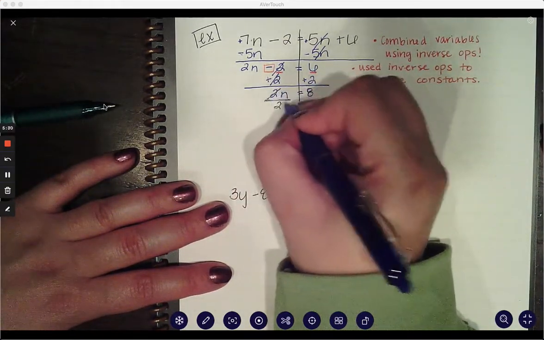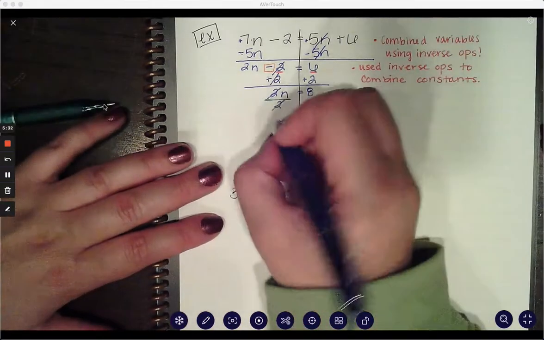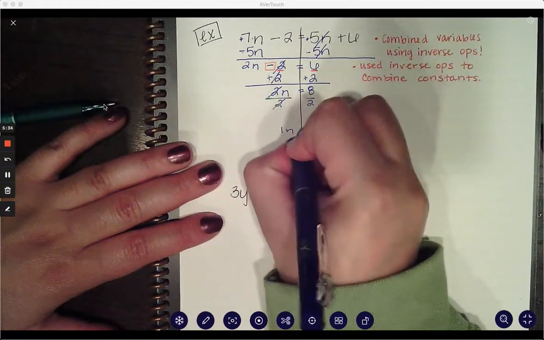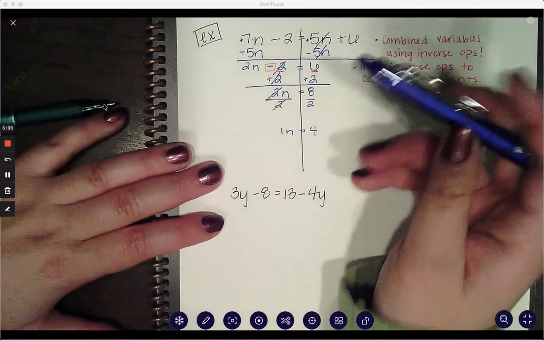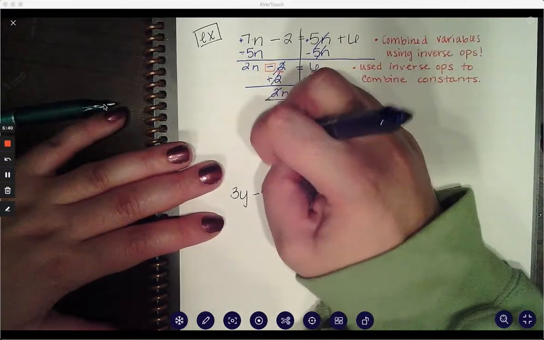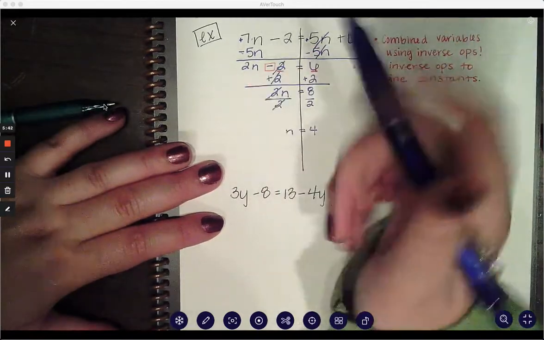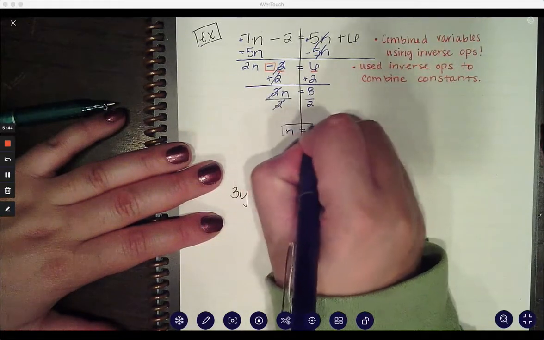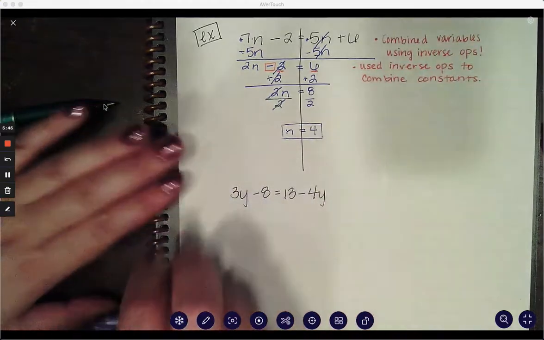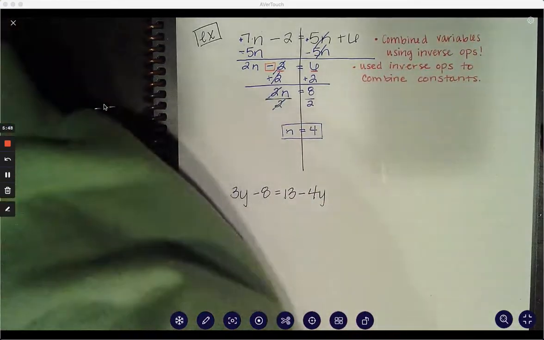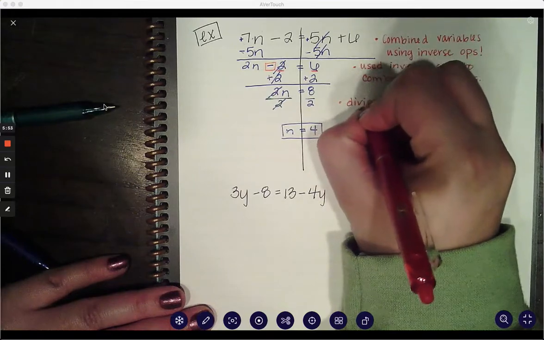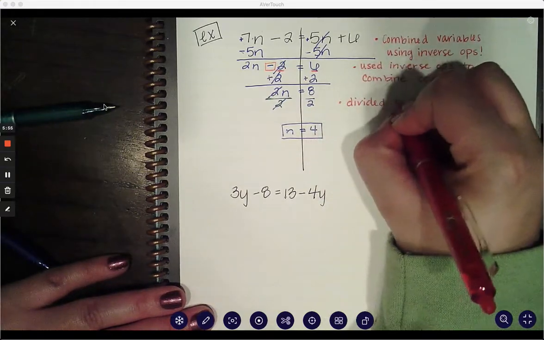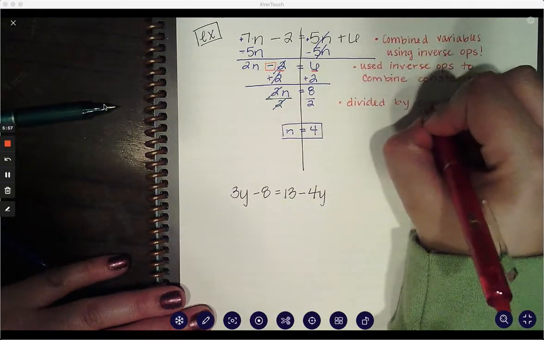So remember, those turn into like the number 1. So I have a 1n equals 4. We can get rid of that 1 if we want to. We don't have to have it there. So n equals 4. Okay, and the step that I did was I divided by coefficient.